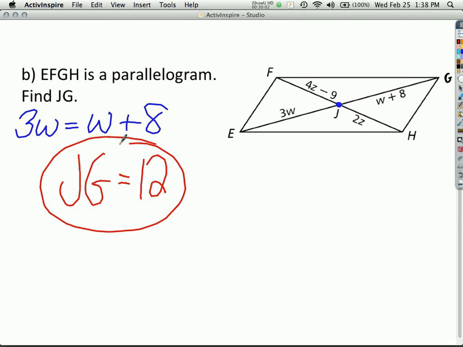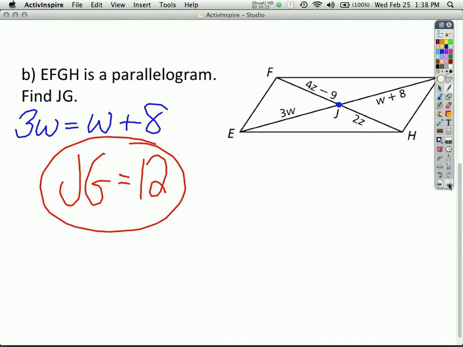Are we gonna use the fact that the diagonals bisect each other to find the point of J? Again, hold on to your questions. See the path that we're going through today. See if I answer your question. Okay? Good. So here we go.